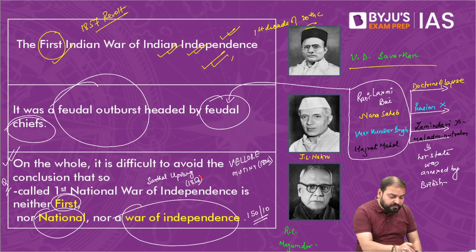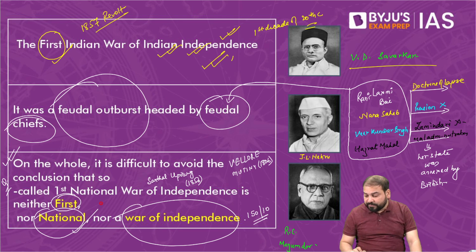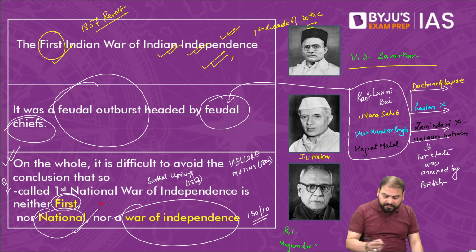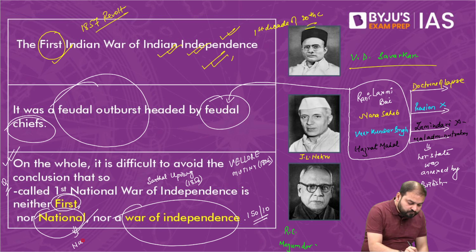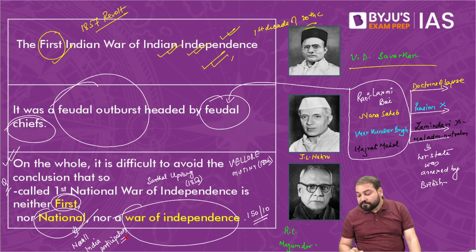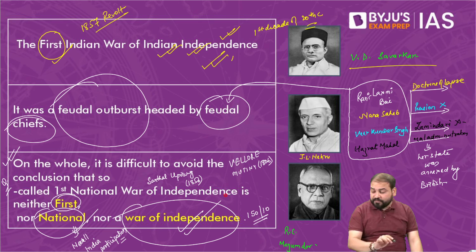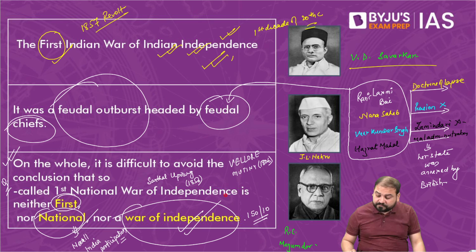Okay, guys, why is it not national? All of you tell me, why is it not national? Yes, absolutely. Because there is no all India participation. Total country has not participated. And everyone, is it a war of independence?